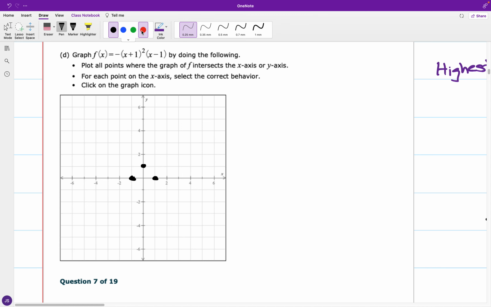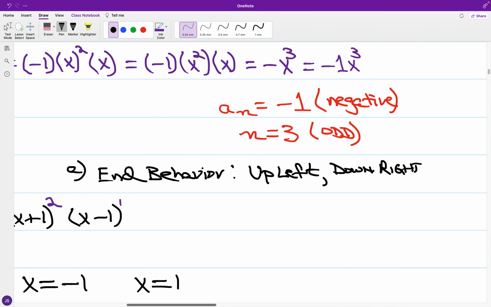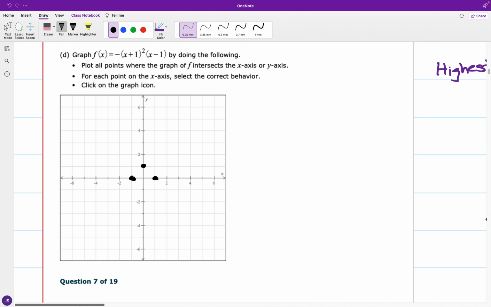And just for the end behavior, we had mentioned it was up to the left, down to the right. So just for a mini projection, you have up to the left from the leftmost 0, and down to the right from the rightmost 0. That was at x is equal to 1.